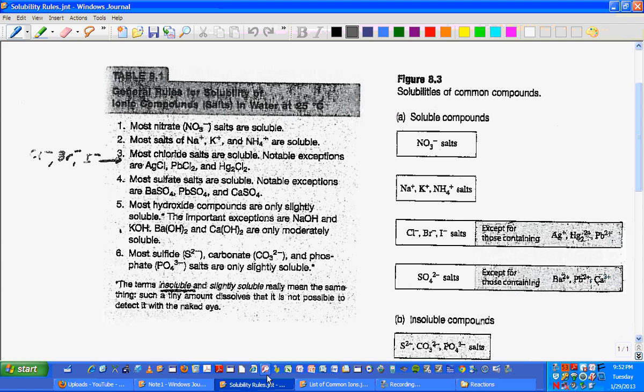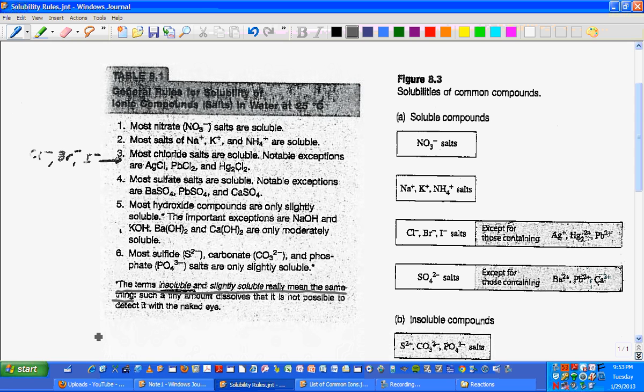Now to check for iron 3 hydroxide. Nitrates are soluble. It's not a nitrate. Salts of sodium, potassium, ammonium are soluble. That's not the case either. Chloride salts, it's not a chloride salt. Sulfate salts, it's not a sulfate salt. Here we go. Most hydroxide compounds are only slightly soluble. We've already said that insoluble and slightly soluble are the same thing.